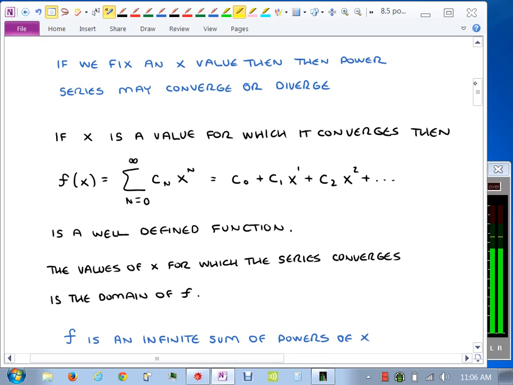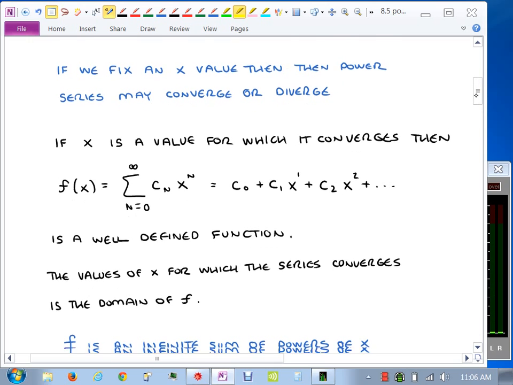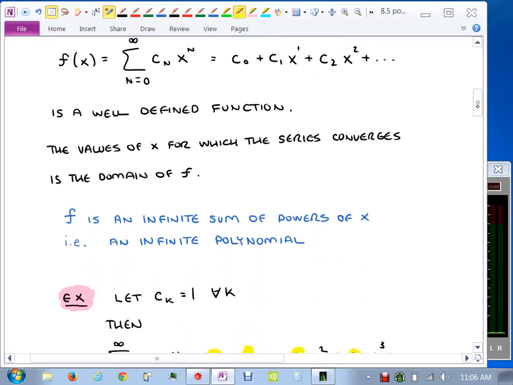We've talked about this before, like the domain of a square root function or a log function. Now if we have a power series representation of a function, the domain is just the values of x for which it converges. Remember, the function would then be an infinite sum of powers of x. In other words, an infinite polynomial.